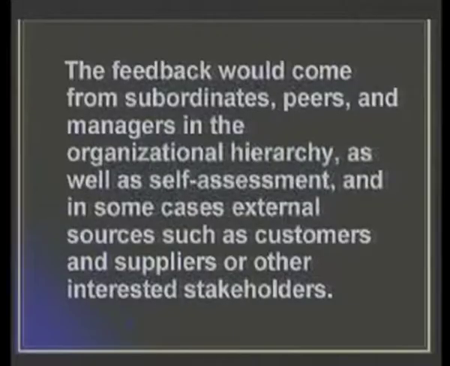So the feedback would come from subordinates, peers and managers in the organizational hierarchy, as well as assessment, and in some cases external sources such as customers and suppliers or all other interested stakeholders might also give you feedback, which could be about performance in any aspect of the organization or of the person.